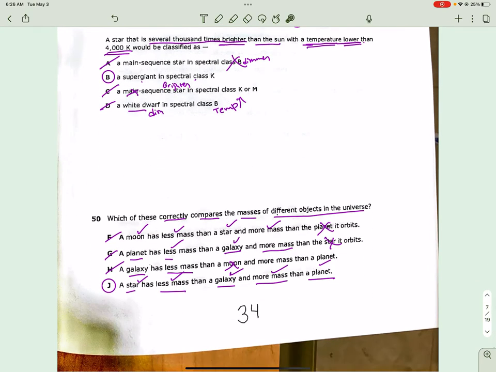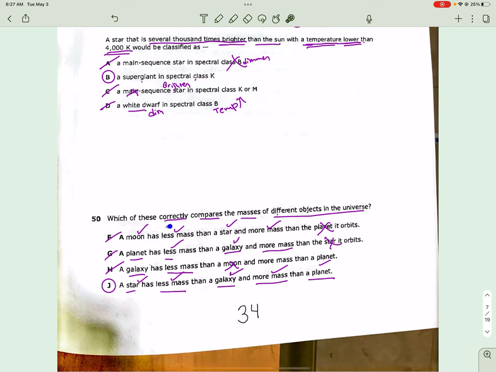Which of these correctly compares the masses of different objects in the universe? And I'm going to go all the way to the bottom. Oh, okay, so it's not giving us any order. I thought it was going to ask us for the order, but no, it's actually which one makes more sense.